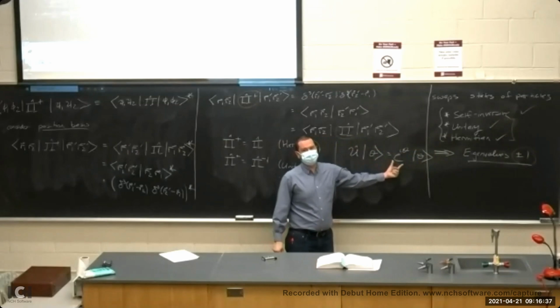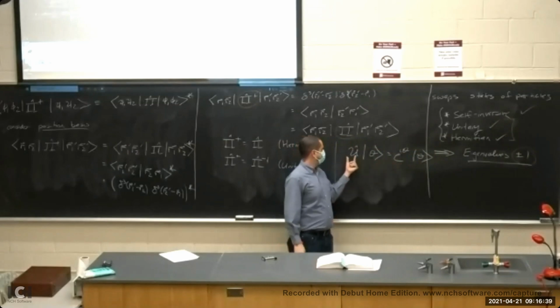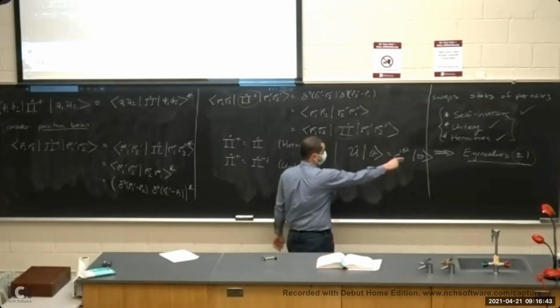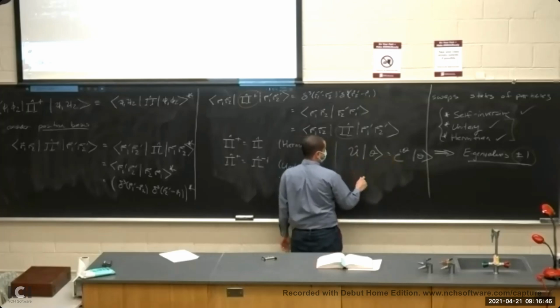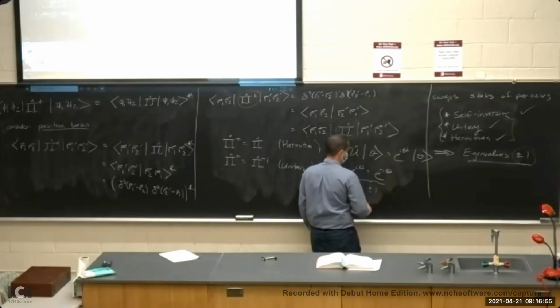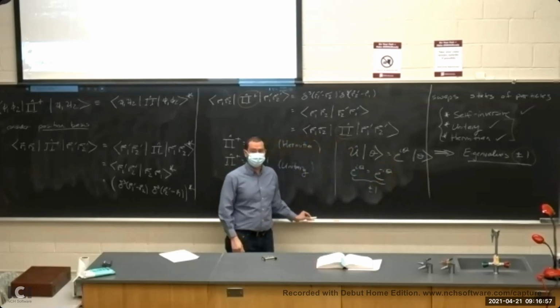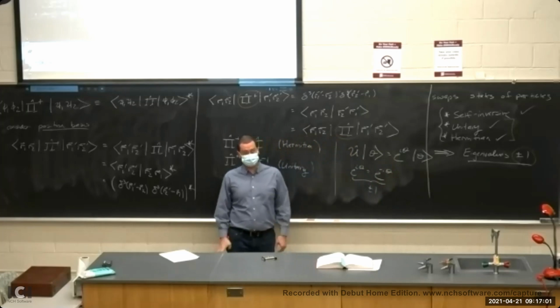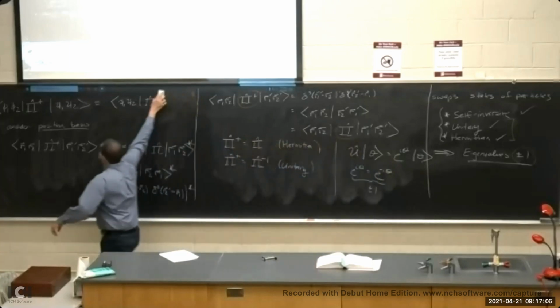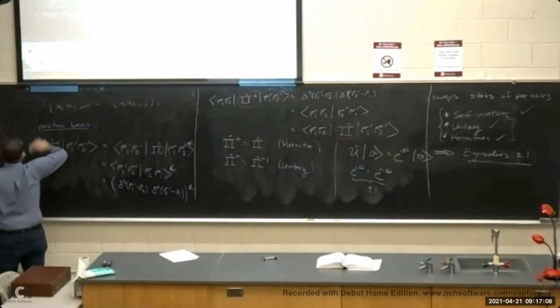It could be a complex number, but its modulus has to be 1 because U times U dagger is equal to the identity. If it's Hermitian, then it also means that the eigenvalues are real. So then I've got e to the i theta equals e to the minus i theta. And this is enough to tell me that I must have plus or minus 1. It's something whose absolute value is equal to 1 and it's real. So there's only two choices, plus or minus 1 for the eigenvalues. Again, very much like parity.